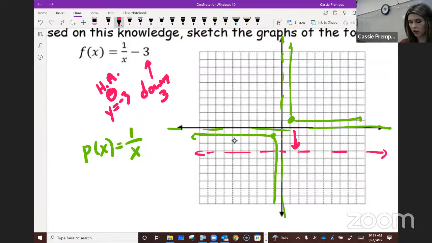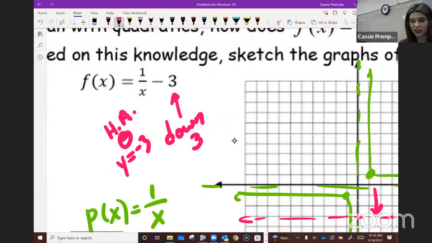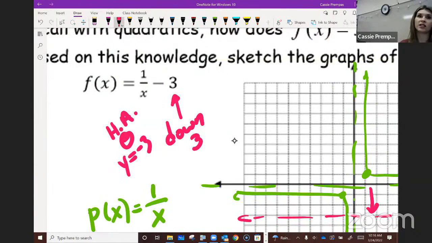Yeah, Allison. How is that, it's like outside of the equation? Good question. We've never had a number added or subtracted outside yet. If I look at the horizontal asymptote of this, it's an x to the 0 over an x to the first, so that's at y equals 0.